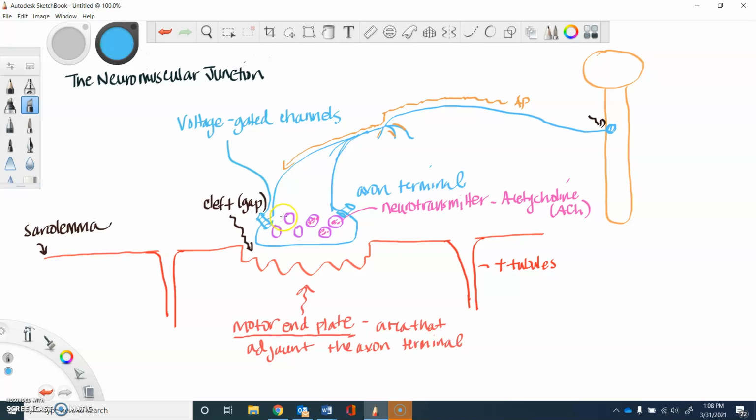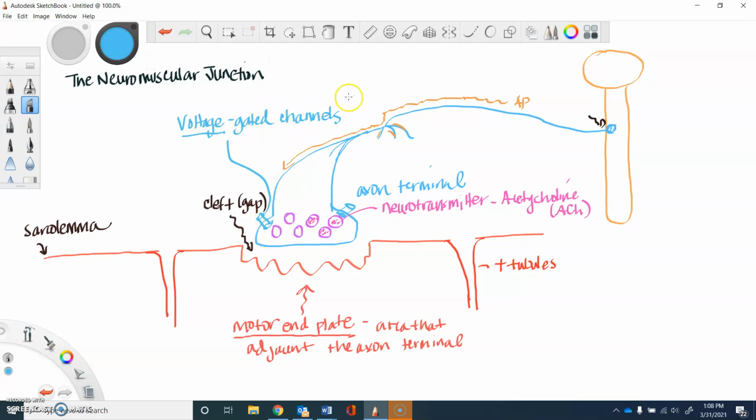They're usually closed. They have gates on them. And only a certain type of stimulus will open them. In this case, it is a change in potential. So a change in voltage, which is happening through the action potential coming down the axon, is going to change the potential at the neurolemma, or the plasma membrane of the axon, and it's going to open these gates.